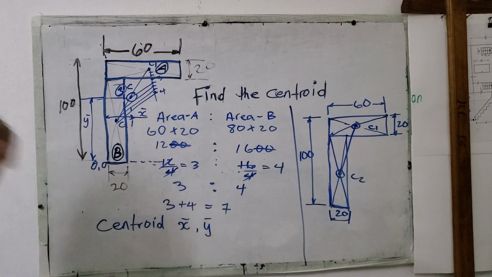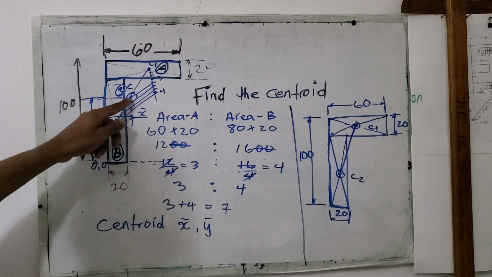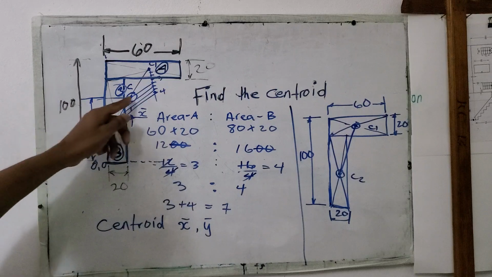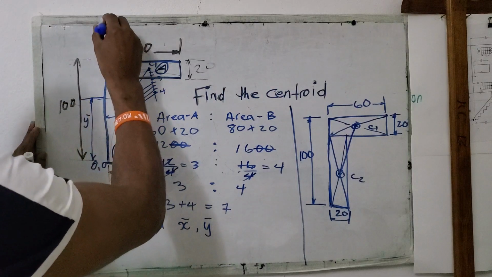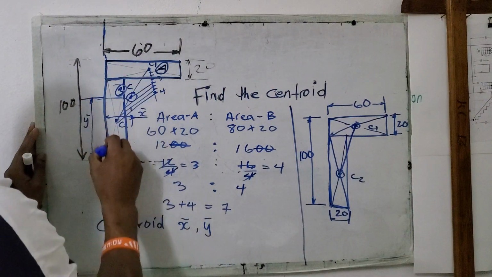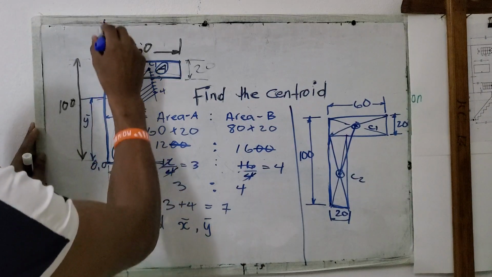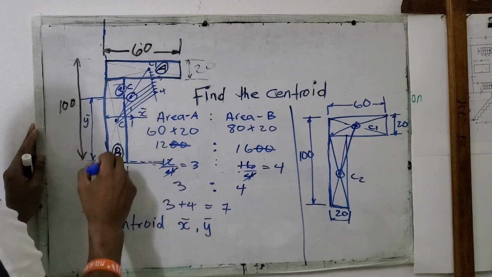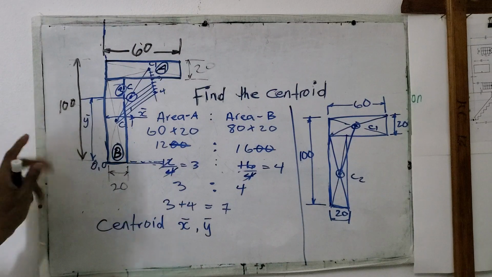Our next step is to determine the distance the centroid is from our datum line, or our XY line.